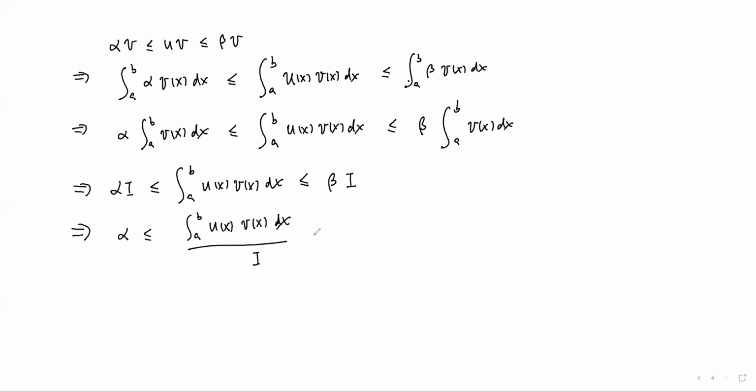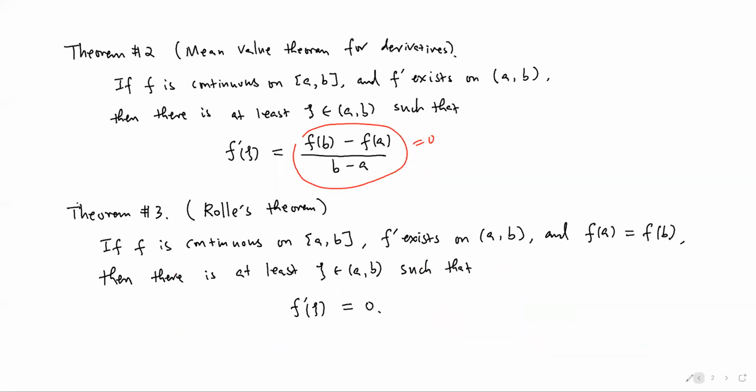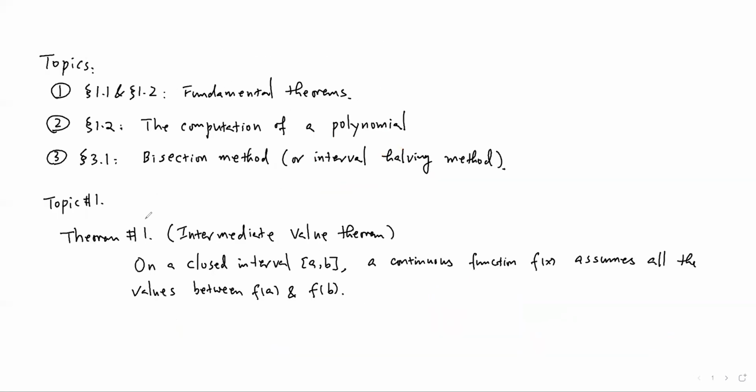So this number is a number between the minimum function value of U and the maximum function value of U. By the intermediate value theorem, a continuous function assumes all the values between the two endpoints.